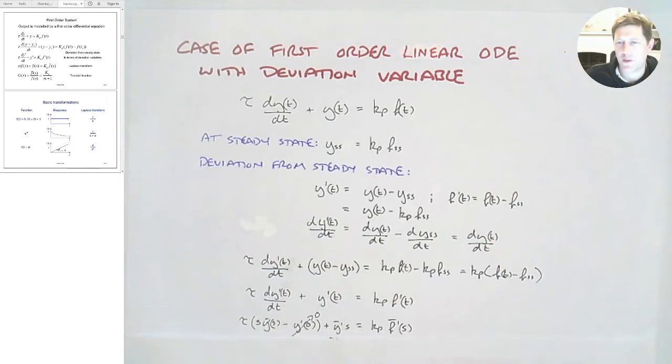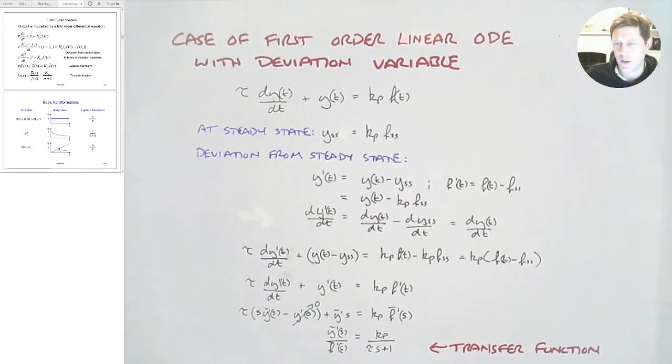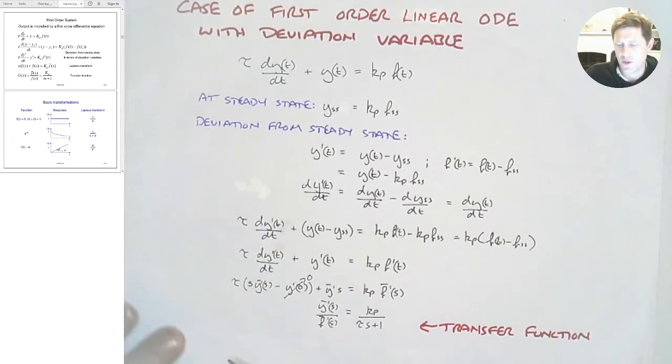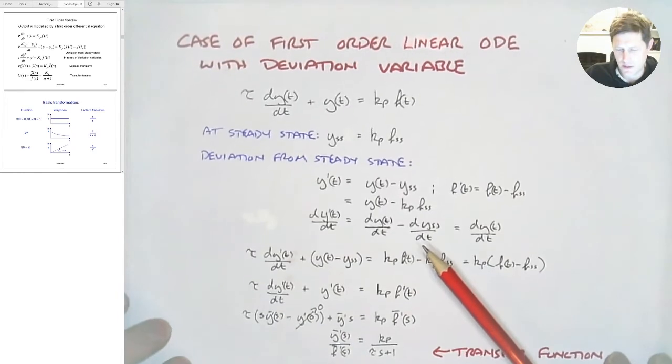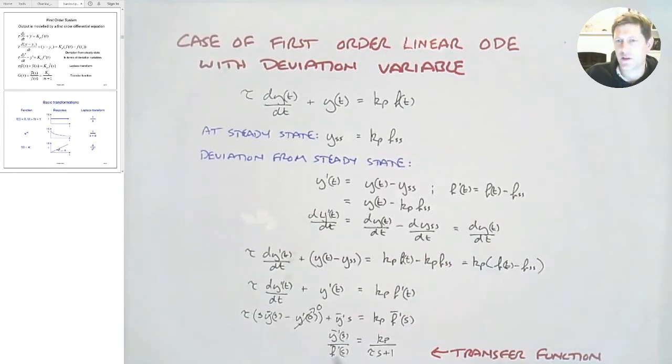So that when we take the Laplace transform to solve this, when we do the differential term, the y'(0) term is equal to 0. So then we can write the equation for the generic first order linear ODE.